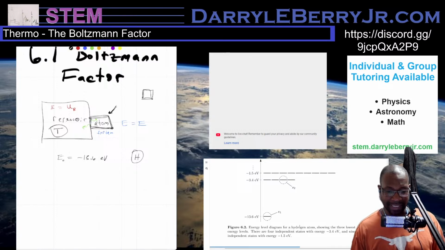Energy level diagram for a hydrogen atom showing the 3 lowest energy levels. There are 4 independent states with energy 3.4 and 9 independent states with energy 1.5.